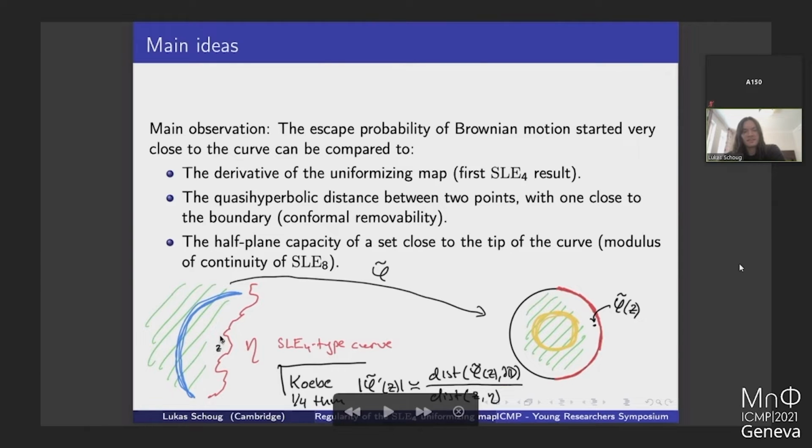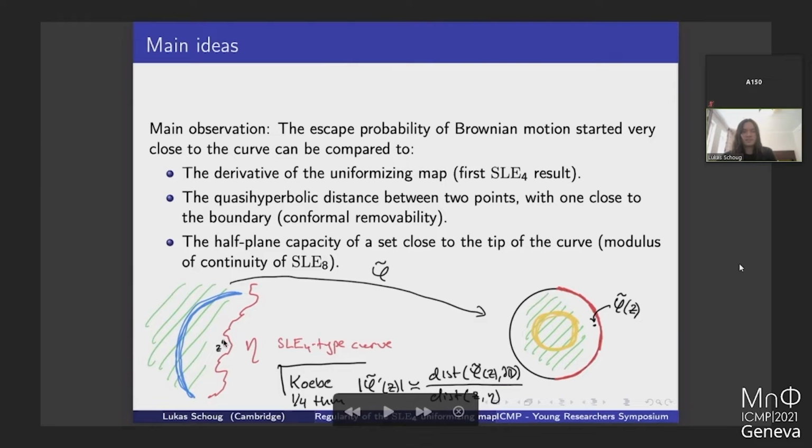So basically, if we just say that z here is within distance epsilon of the boundary, we want to know, okay, how far from the boundary is this point here? Suppose now that we have this point here and we start a Brownian motion.